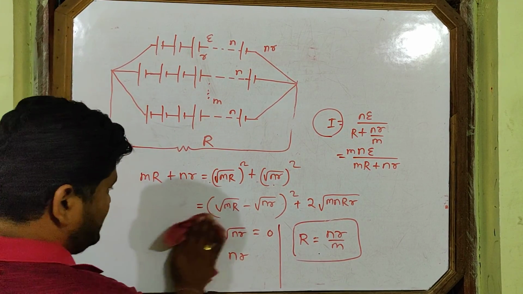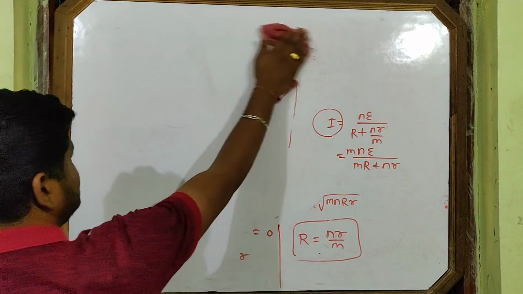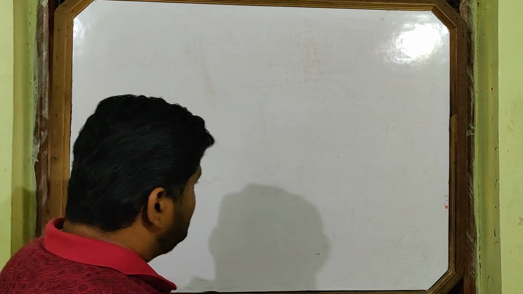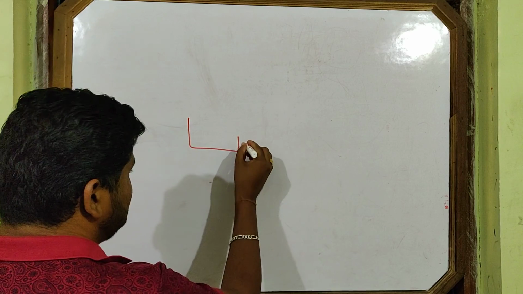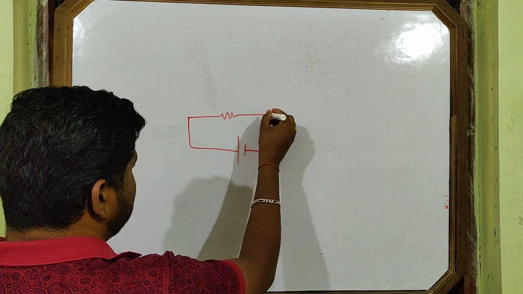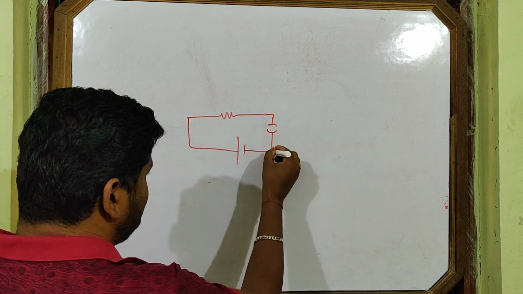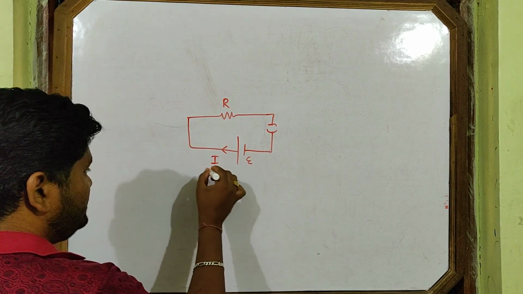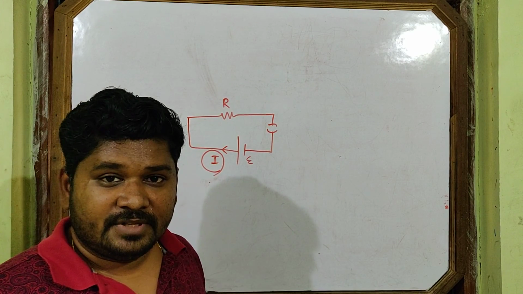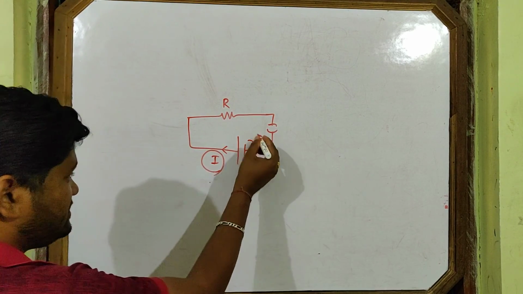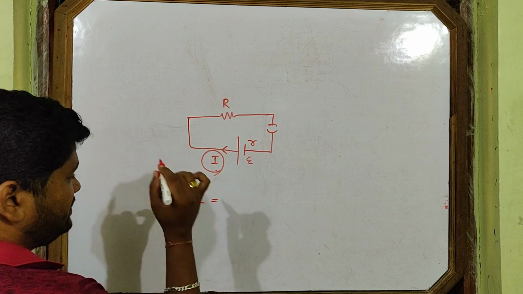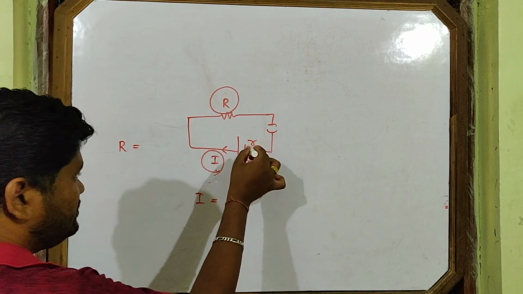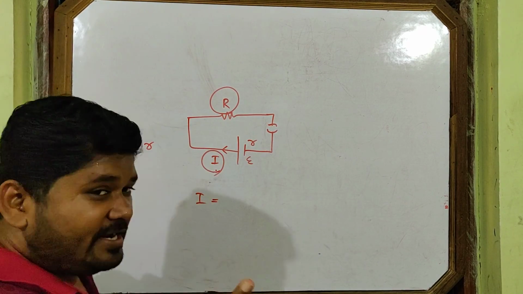Again, I am discussing that one very clearly for you. If a cell is connected with a resistor and the switch is closed, this current will be maximum when the external resistance R is equal to the total internal resistance, but here there is only one internal resistance.